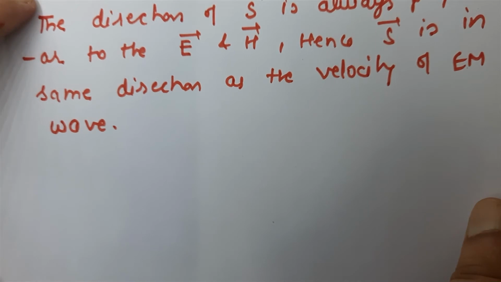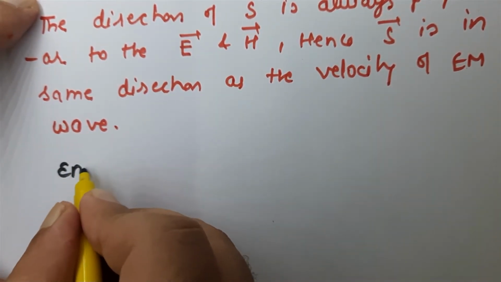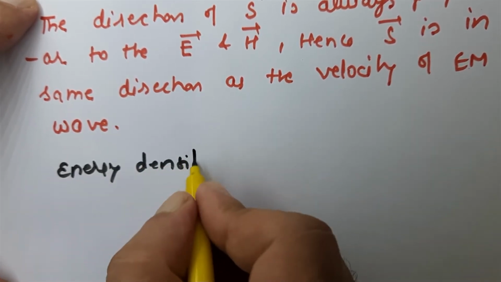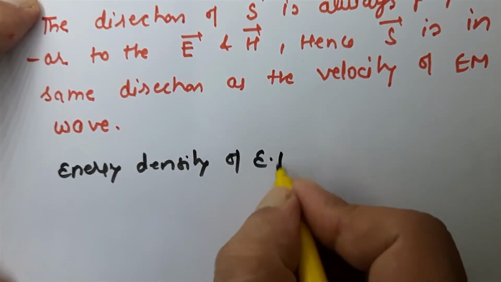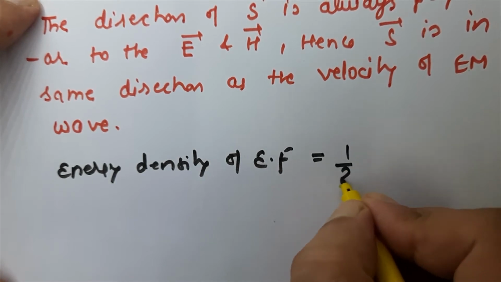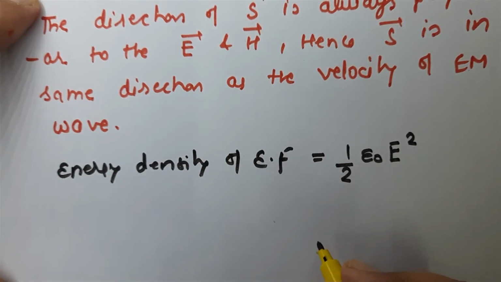So let us start. First of all, I can write the energy density corresponding to electric field and magnetic field. The energy density corresponding to electric field can be written as half epsilon 0 E square.